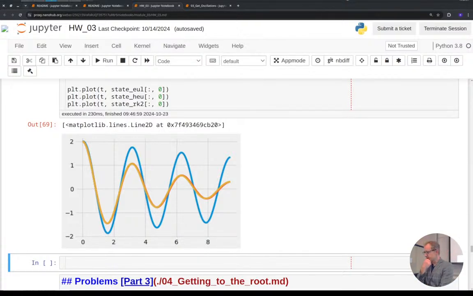Actually, now I'm thinking about it, maybe we could, since we do have an exact answer, you could do a Taylor series expansion and do a power series comparison between Euler integration and cosine. I don't know if it would work, but I'd be interested to see if you could.